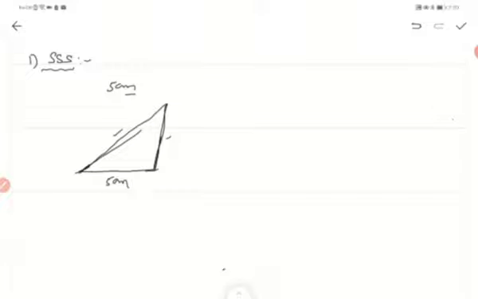Now if I take the same thing, 5 centimeter as one side, and ask you to draw a triangle, maybe you will draw something like this. This is base 5 centimeter, okay. So you may draw this type of triangle.